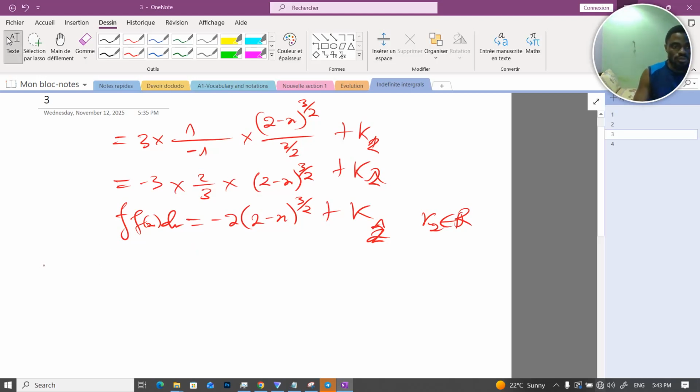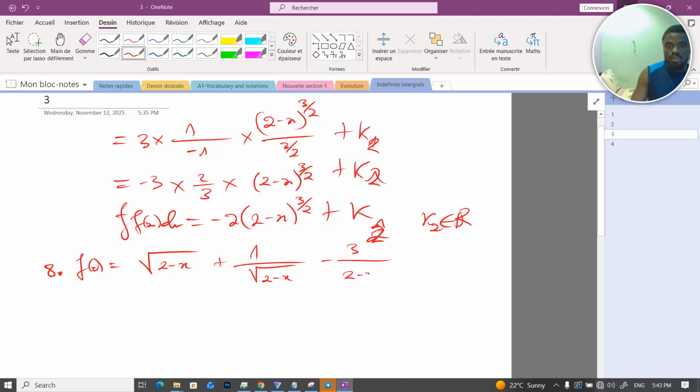Let's do question 8 of that exercise, where f of x is given to be the square root of 2 minus x plus 1 all over the square root of 2 minus x, minus 3 all over 2 minus x cubed.